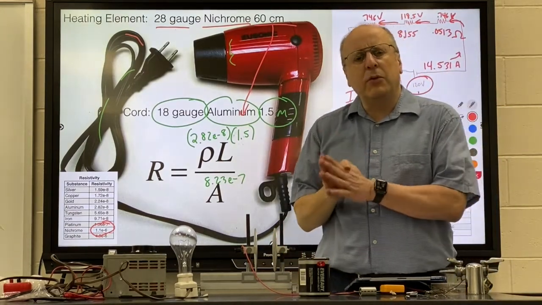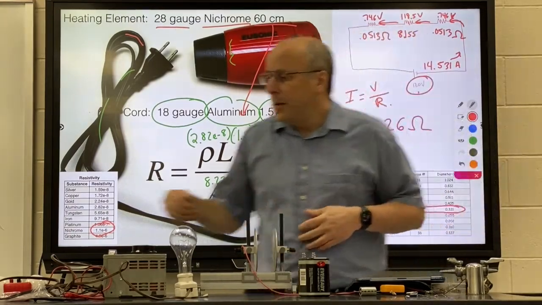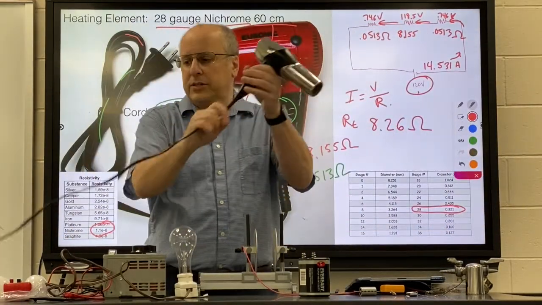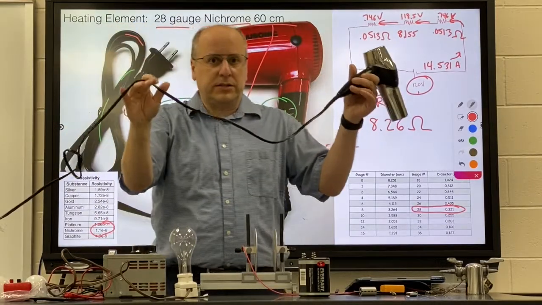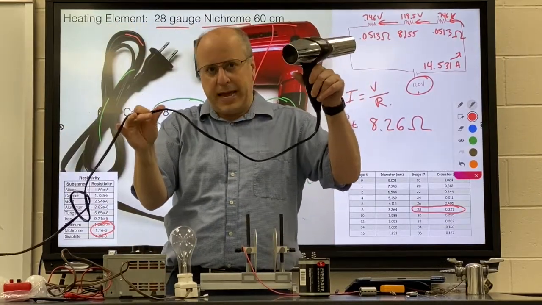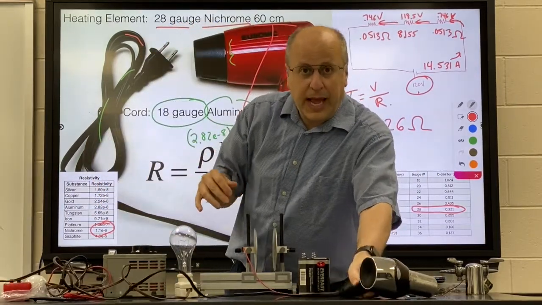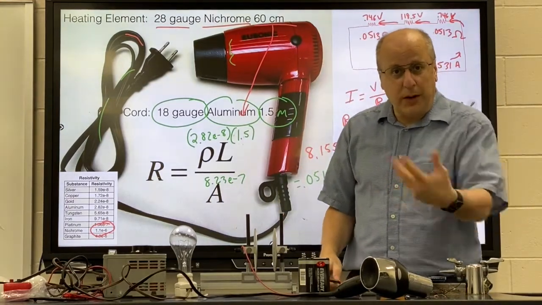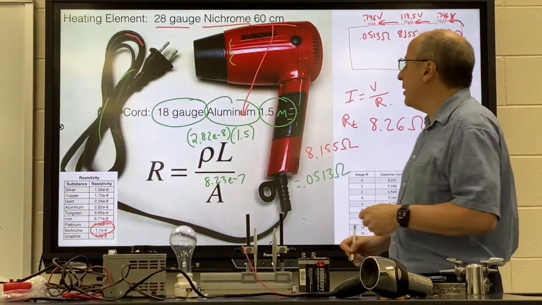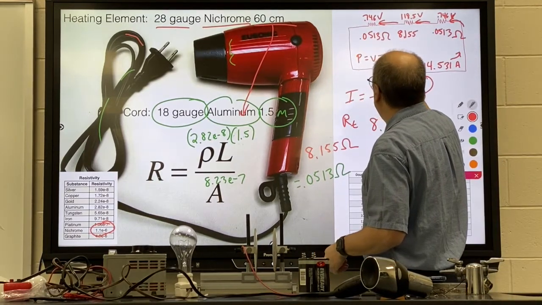It means we thought we were getting 120 volts to our heating element, but inside this cord, we lost almost a volt and a half. So what? Well, that volt and a half generates power inside that cord. We don't want power inside that cord, but we're getting a little bit of power. So we do power equals VI.